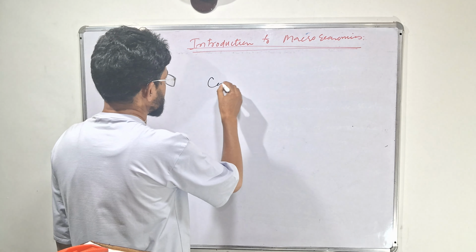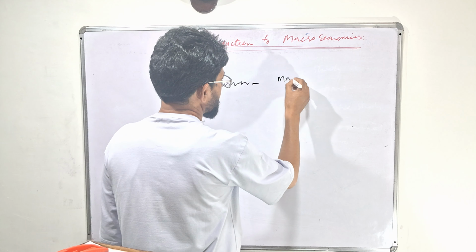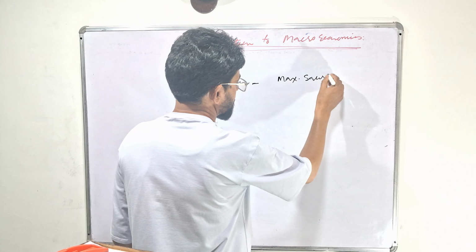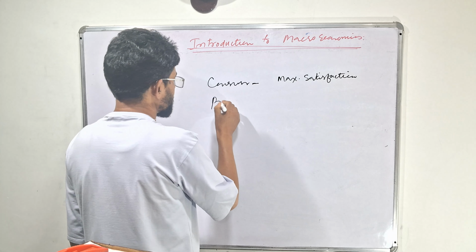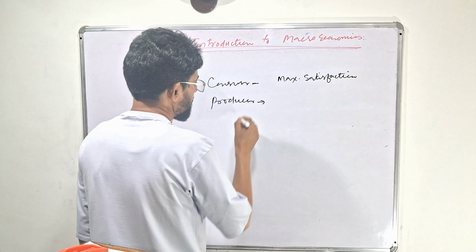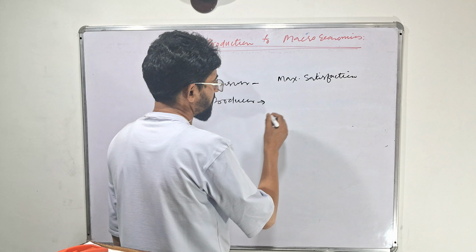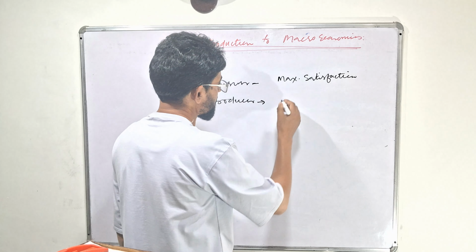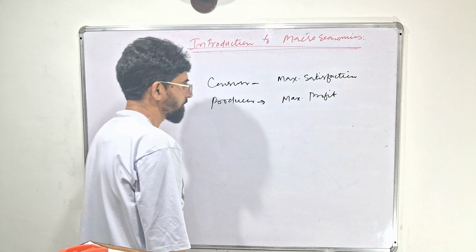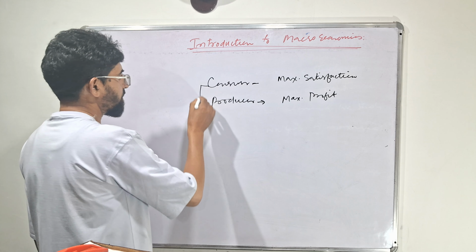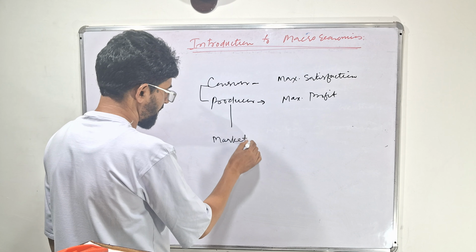Like a consumer maximizes his satisfaction, similarly a producer, by exercising his choice, utilizing inputs like land, labor, and capital to produce a given level of output, maximizes his profit. The place where this producer and consumer meet, that we call market.